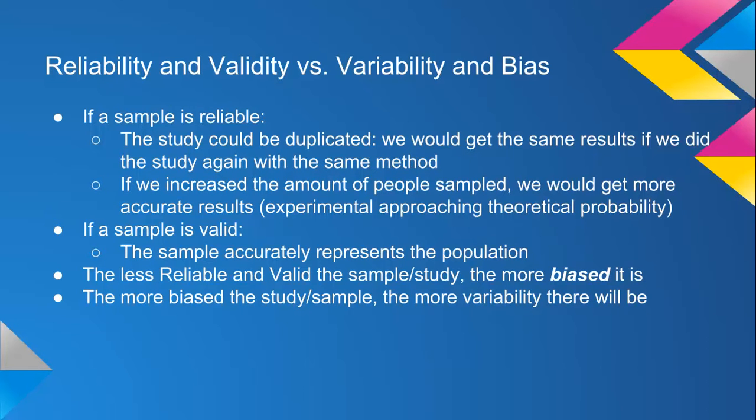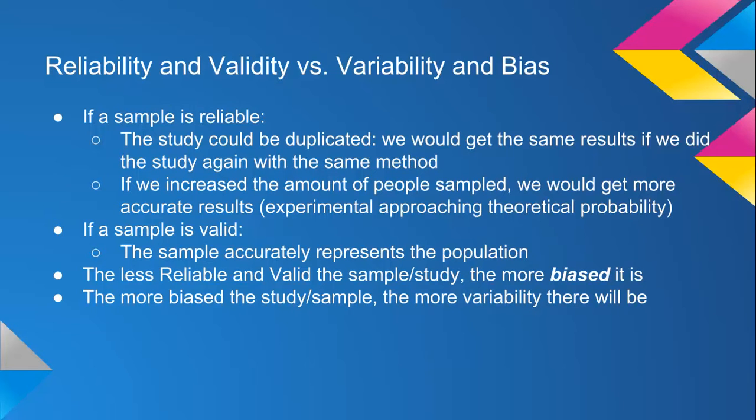That's a definition that we want to know. If we increase the amount of people sampled, we'd get more accurate results. It's really the same idea as your experimental probability approaching theoretical probability, the law of large numbers. If a sample is valid, the sample accurately represents the population.